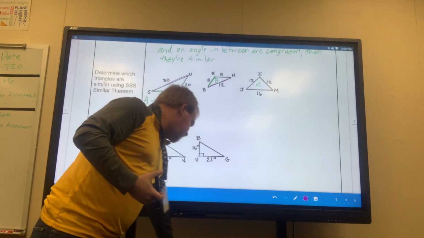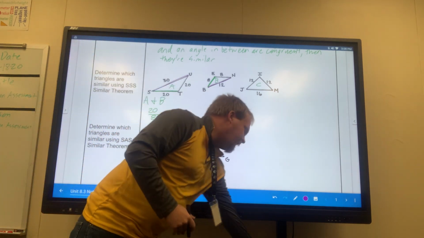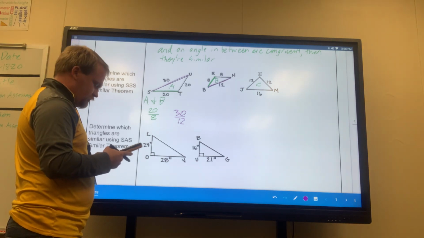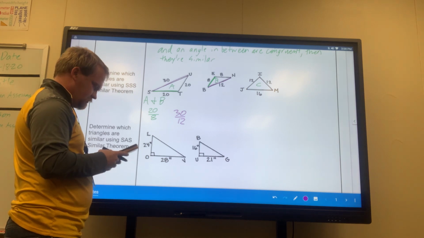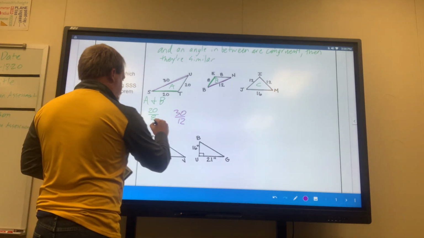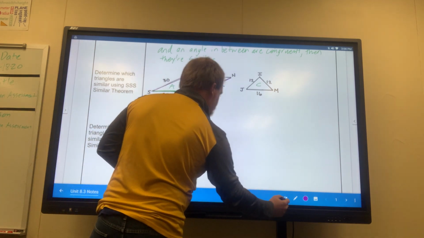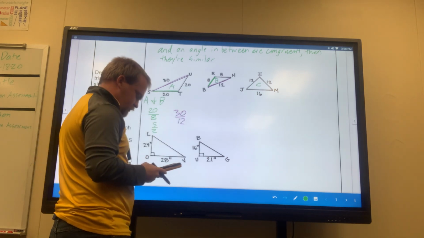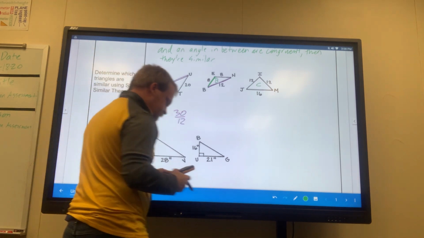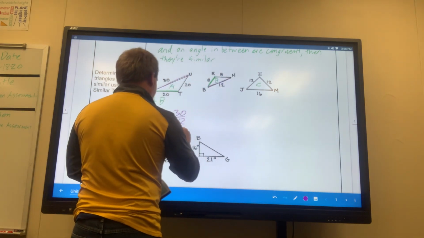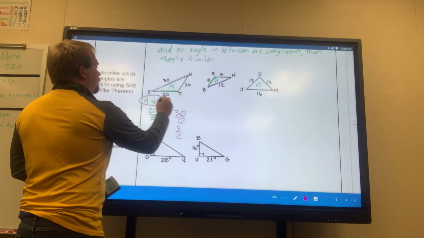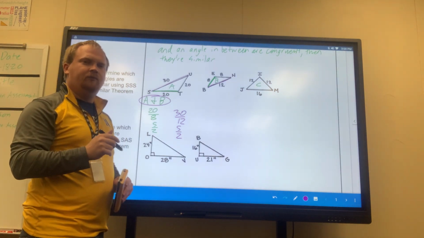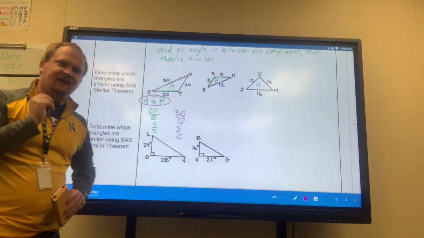Now, if I simplify these two fractions, I am going to get 5 over 2, and 30 over 12 is 5 over 2 as well. So I know that these two triangles are similar figures from using side, side, side.